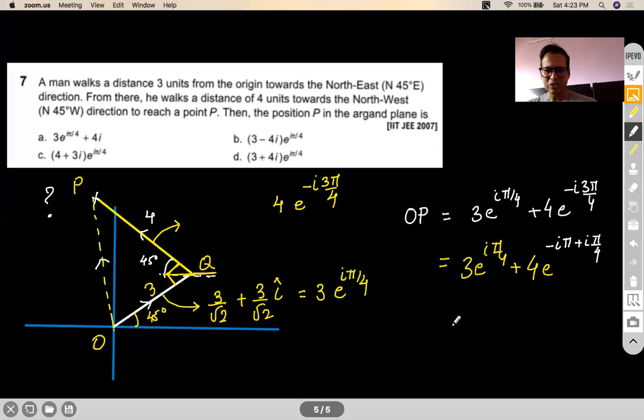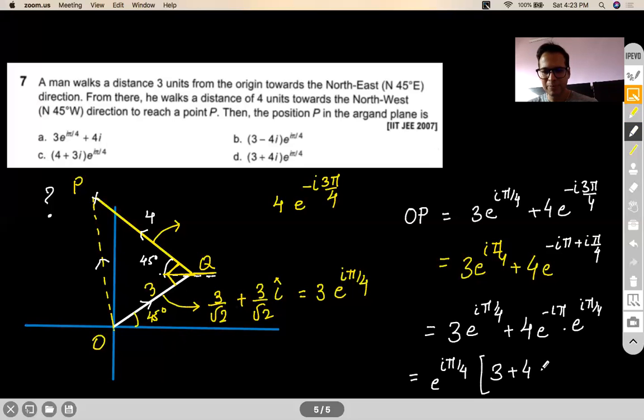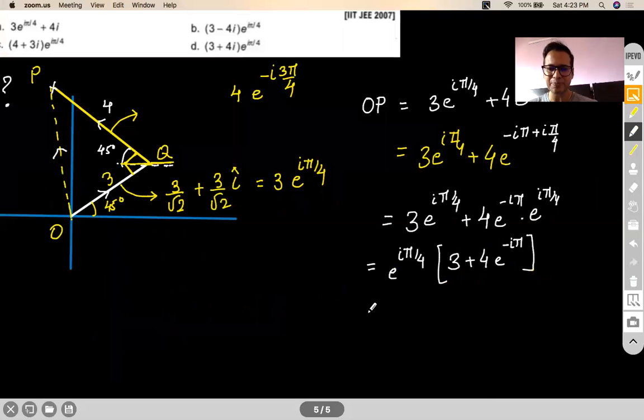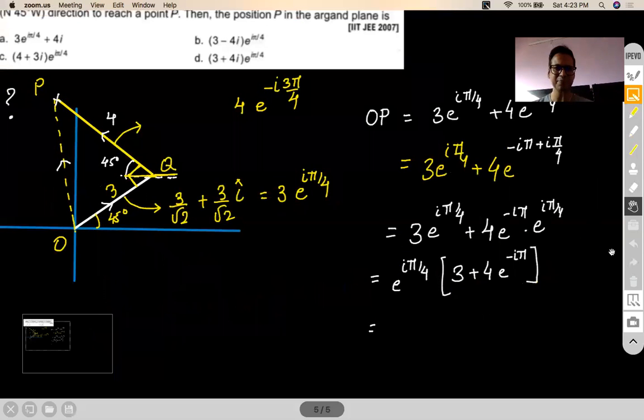Just to make our life simple, e to the power i pi by 4, and this is nothing but 4 e to the power minus i pi into e to the power i pi by 4. Now, e to the power i pi by 4, if you take common, you will end up getting 3 plus 4 e to the power i pi minus i pi. How much is that?